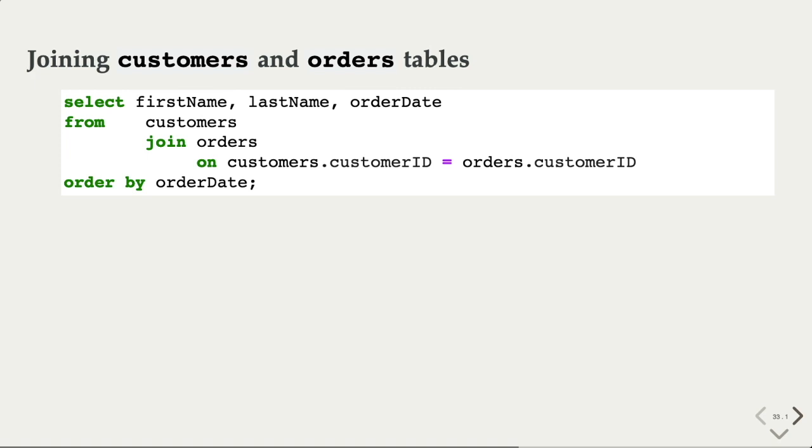And of course, when the customer places an order, you do not want to copy all the customer information into the orders table. You only need to keep track of which customer ID has placed that order. And so in the orders table, you most likely only keep track of the customer ID.